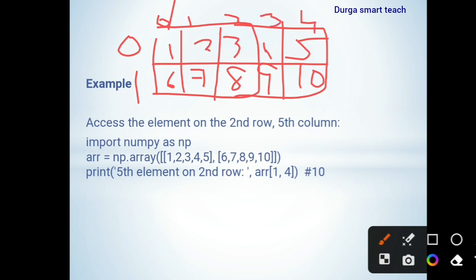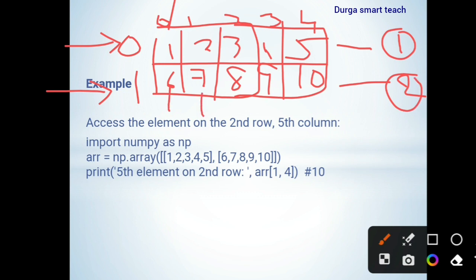If you want to access any particular element, here it contains row 0 and row 1, that means 2 rows. And the number of columns is 1, 2, 3, 4, 5, that is 5 columns.